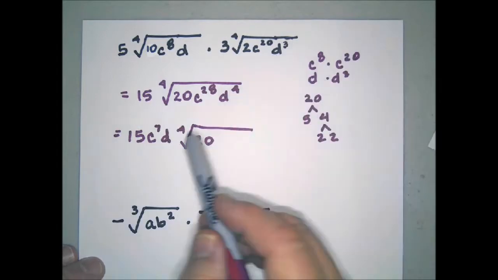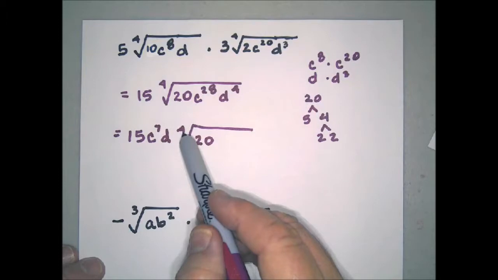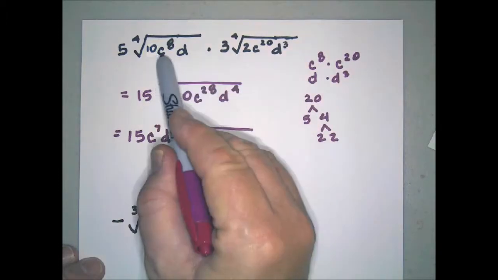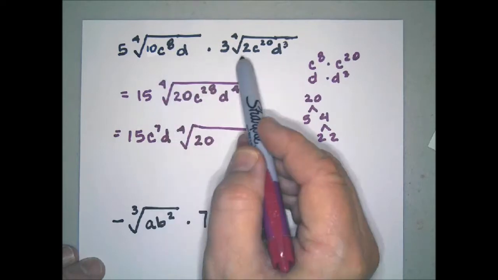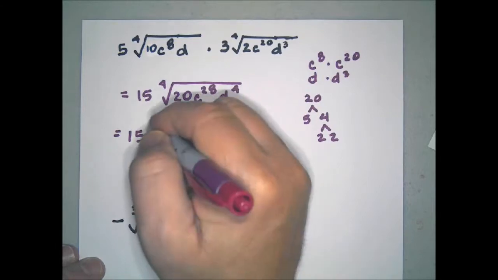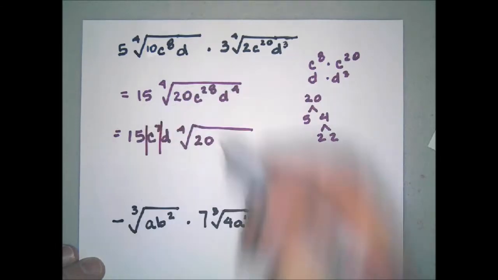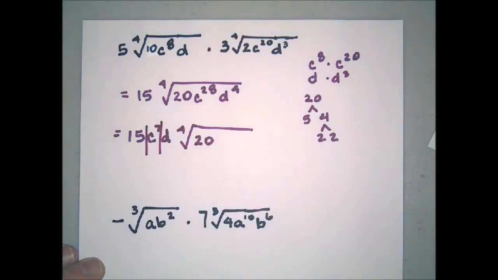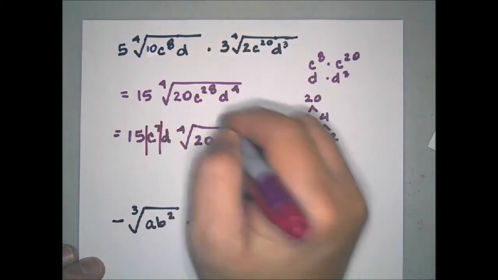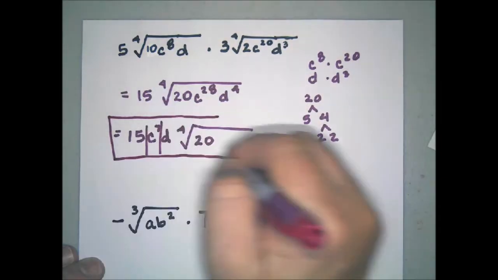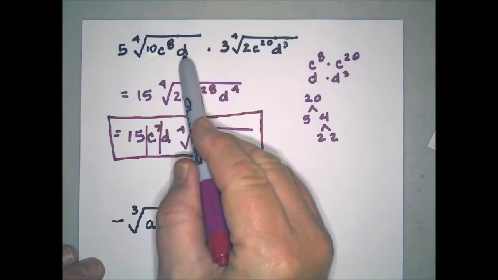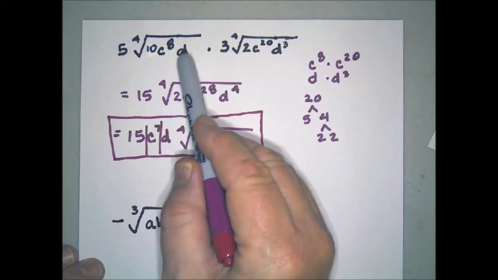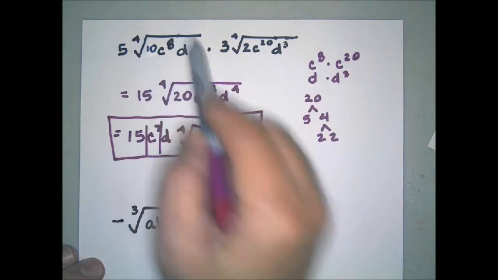So, since I had an even index of a radical, and both of those c's were capable of being fourth rooted, no matter whether they were positive or negative, and this came out as an odd power, I need to put absolute value bars around the c to the 7th, but I don't need it around the d. And one more time, the reason I don't need it around the d is because of this right here. We had to assume d was non-negative, because if it were negative, this would not be able to be done.